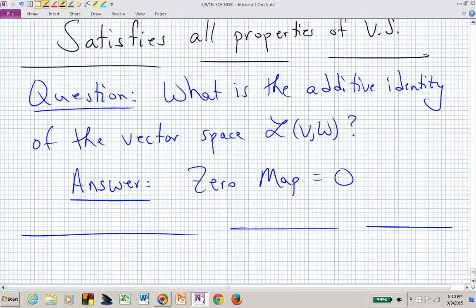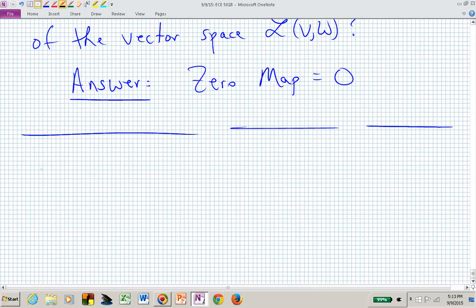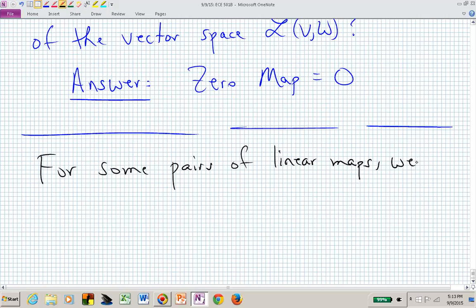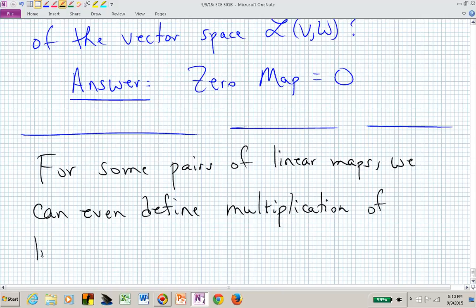Now, it's actually possible for some pairs of linear maps that we can even define multiplication of linear maps.